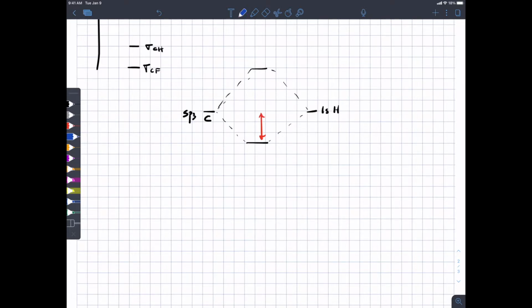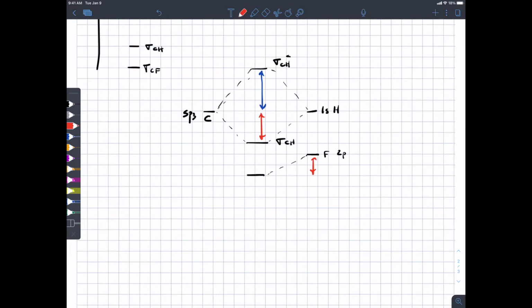Here we've gone up about 4 in our drawing. This would be the carbon-hydrogen sigma star. This would be the carbon-hydrogen sigma. Let's say fluorine starts out here, and I'm not sure how that would go relatively. Let's suppose we only go down 2 units for fluorine instead of 3.